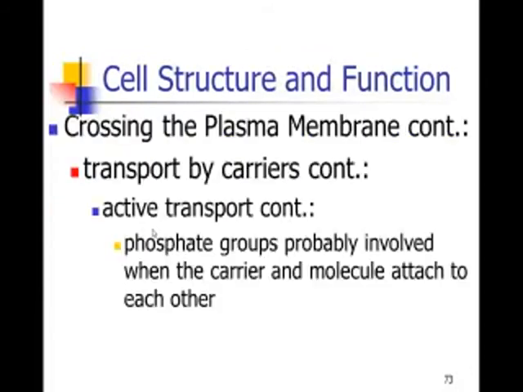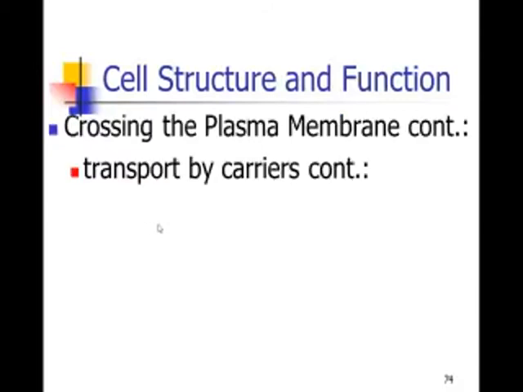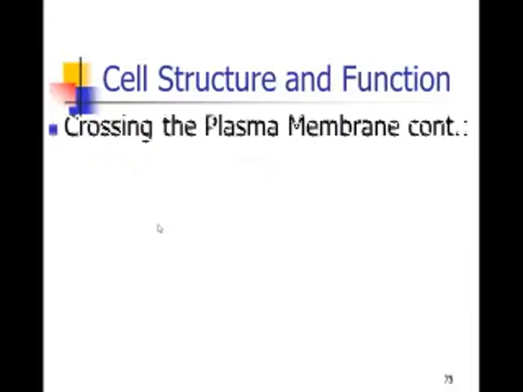I mentioned the phosphate groups probably become associated with the carrier molecule, and that allows for the motion to occur. So that phosphate group changes the carrier's shape, and that takes it through the membrane.